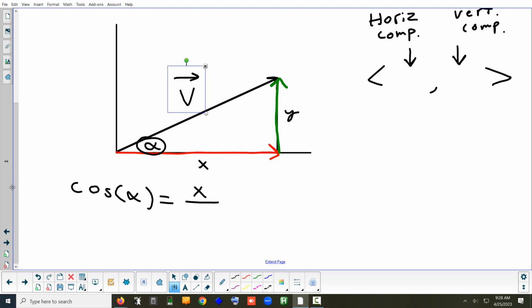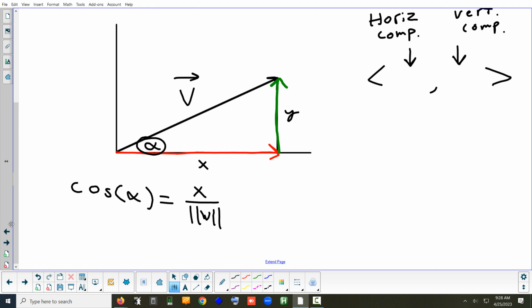V is the actual image. What do I want to know about the image, though? I want to know the length, and I have a way to write that. Yep. Or magnitude. The magnitude, yes. This means specifically the length of the image in black. I don't want the image itself, I want the length of it.